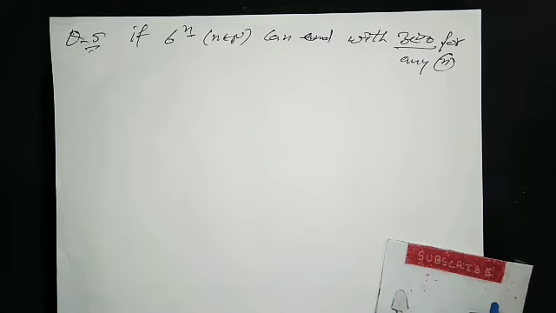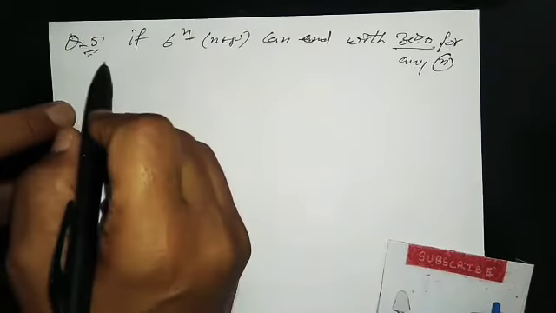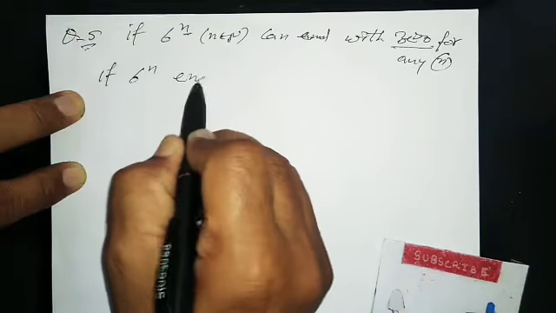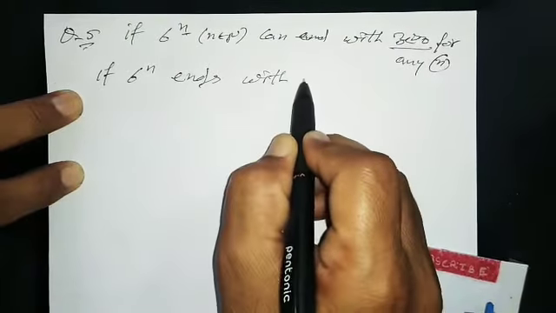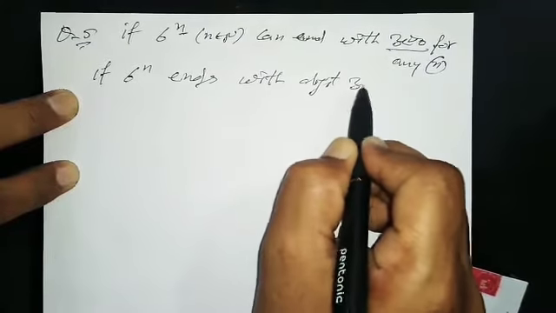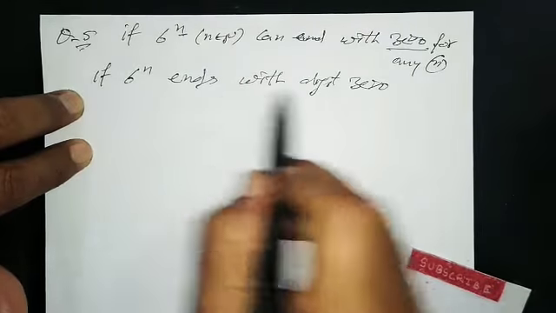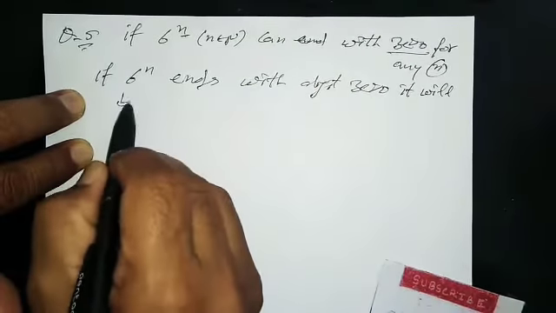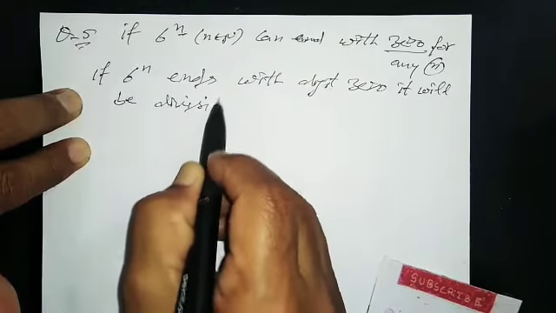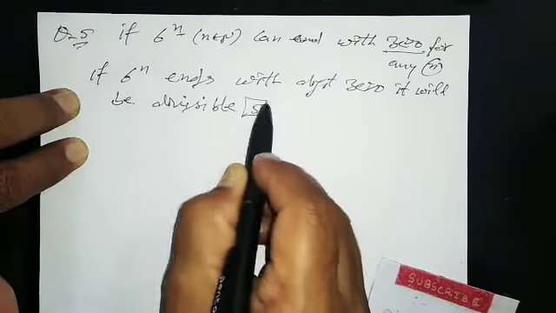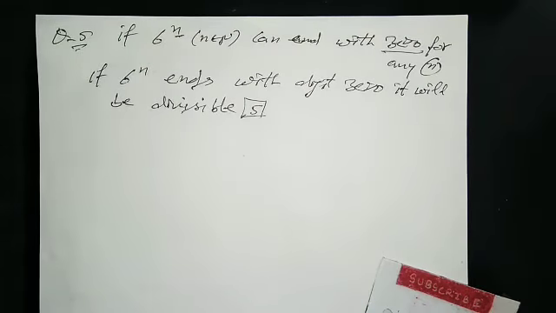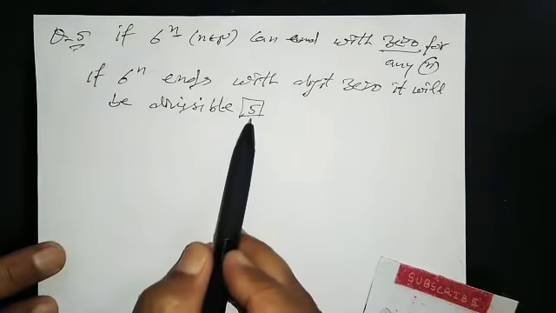Now, if 6 power n ends with the digit 0, then what would happen? It will be divisible by 5, because any number that ends with 0 is always divisible by 5. Clear?